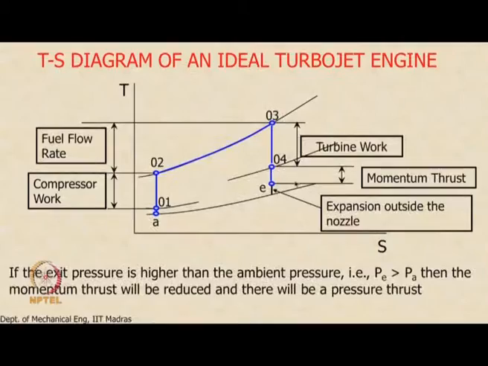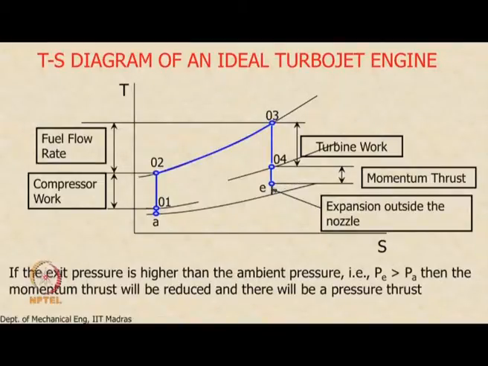The remaining enthalpy is then extracted as thrust in the nozzle. If the exit pressure is above the ambient pressure, meaning the flow is under expanded, then we get the momentum thrust from the engine, and we also get an additional pressure thrust from the nozzle.